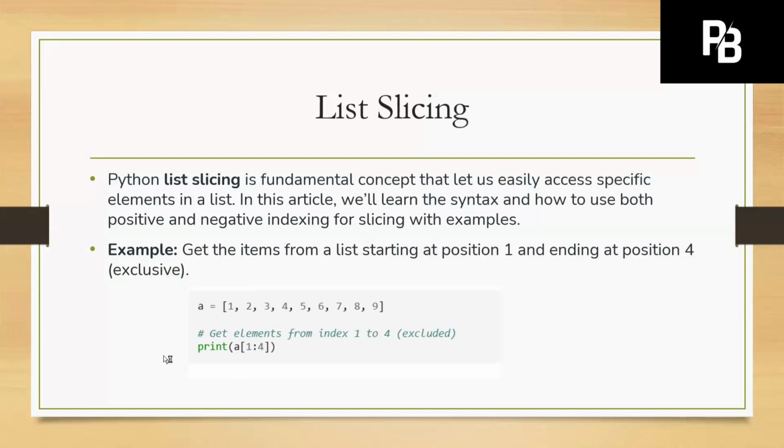The starting value is 1, the ending value is 4, but 4 is not included, so my ending value is now 3. So 1, 2 and 3. Okay, so this is the way slicing takes place.